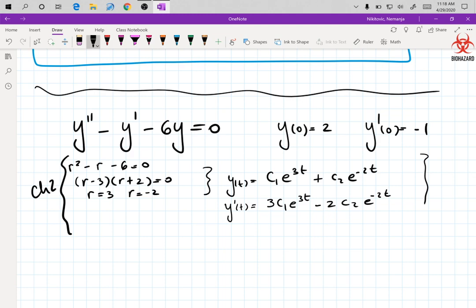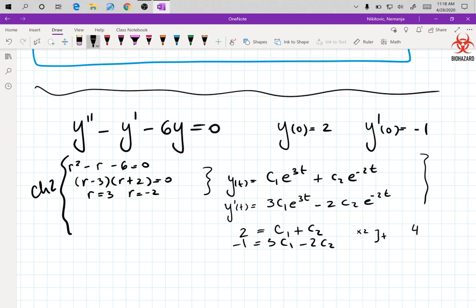But we are going to also do this using Laplace, which is utilizing the formula above. So when you take a look at this now, you plug in: y of 0 is 2, this is just c1 plus c2, and for the second one, negative 1 is equal to 3c1 minus 2c2. So this one times 2, and then add.